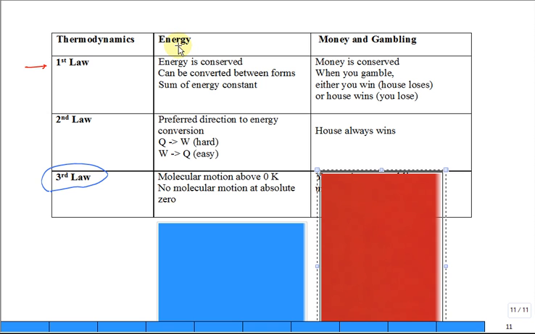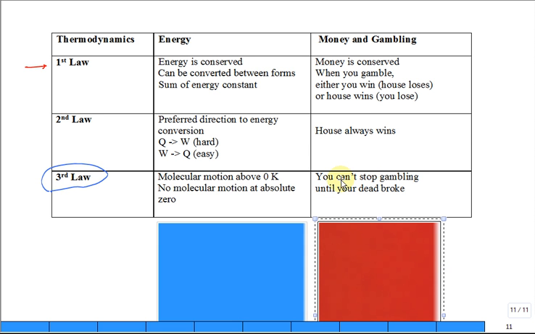In energy, it said you have motion until you're at 0 Kelvin. And when you're at absolute 0, you have no molecular motion. Well, in the context of money and gambling, you can't stop gambling until you're dead broke. So that's the joke, these 3 laws of thermodynamics in the context of money and gambling.